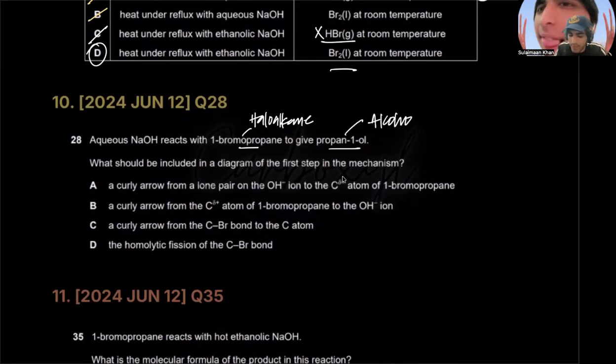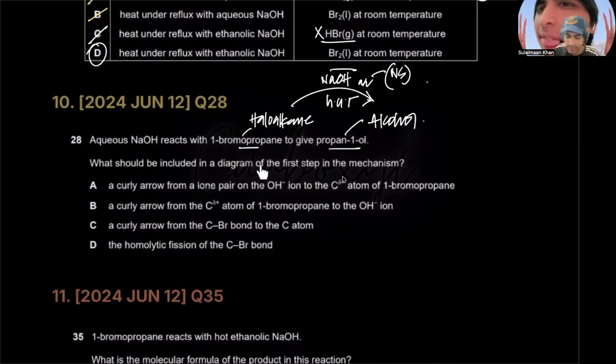My second question is, how do you go from haloalkane to alcohol? And the answer comes directly: NaOH, aqueous, and heat under reflux. This is how I go from using my brain into actually selecting the right option. And I also know that this is a nucleophilic substitution reaction. So this is how you should think about it. Instead of just reading these, just quickly think, okay, this is haloalkane, this is alcohol, I went for the answer.